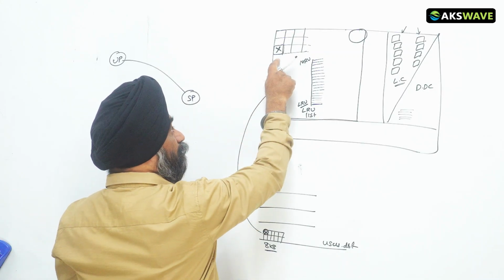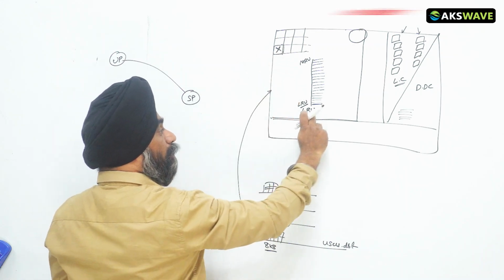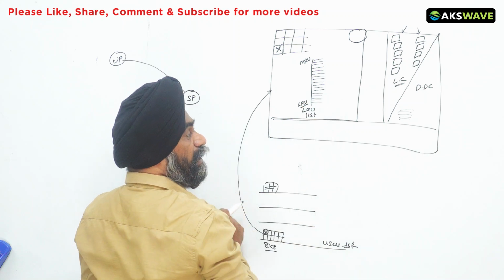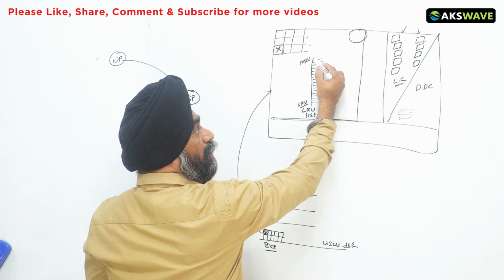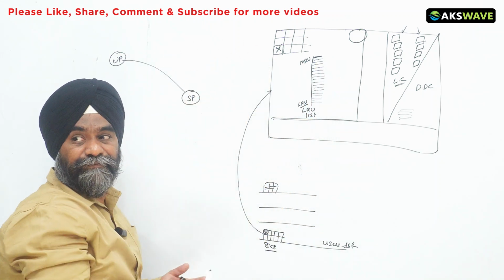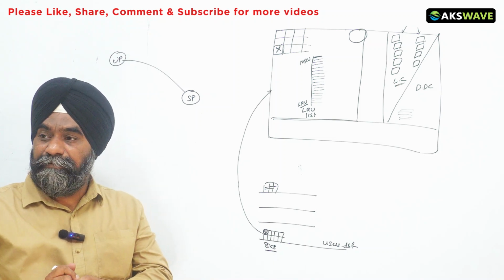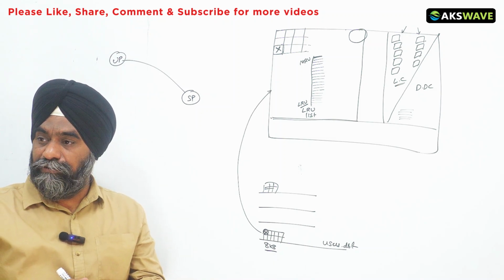Then as the buffer gets used or touched by the server process, what happens? This buffer address is taken out from the LRU end and recorded at the most recently used end. Understood?